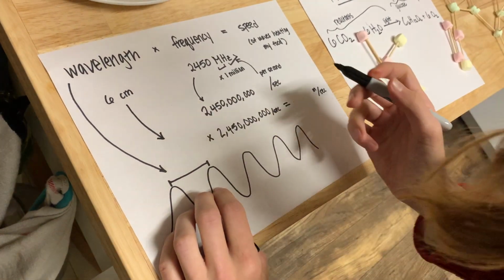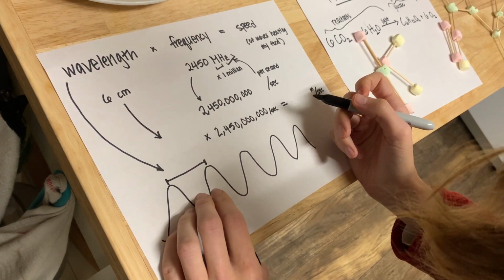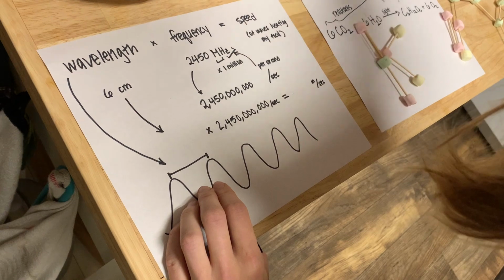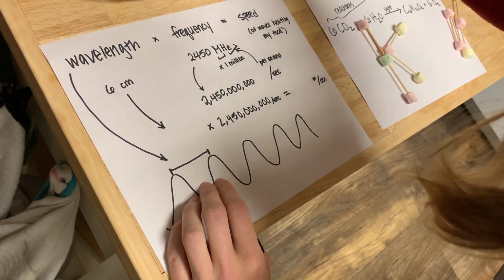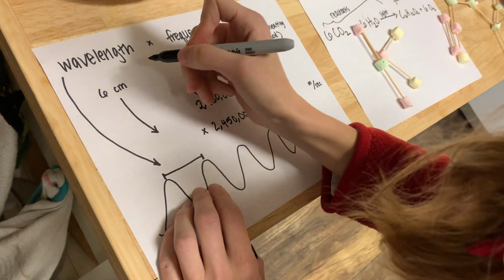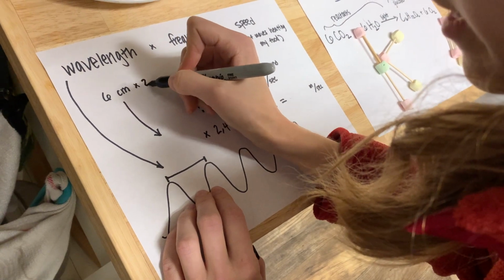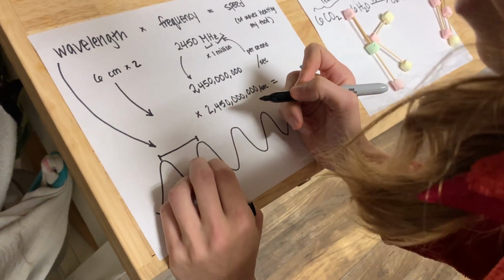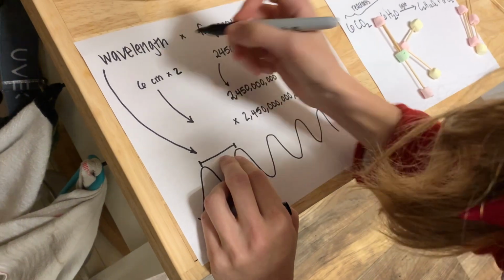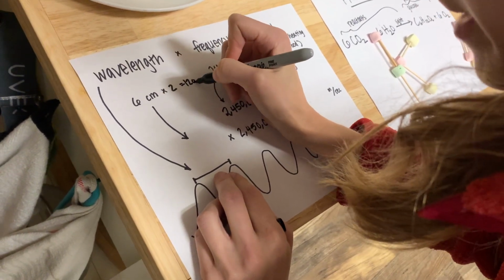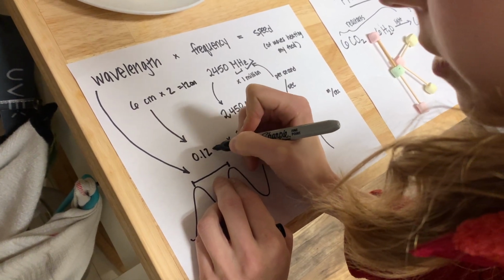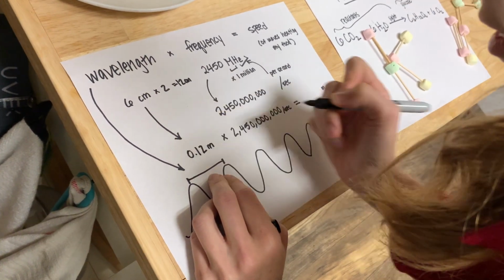And I missed a step, because I need to multiply my 6 centimeters times 2 in order to get my entire wavelength. So this is going to end up being 12 centimeters, which is equal to 0.12 meters, okay?